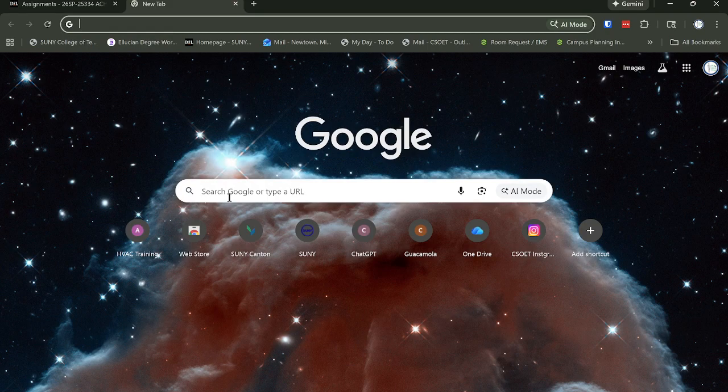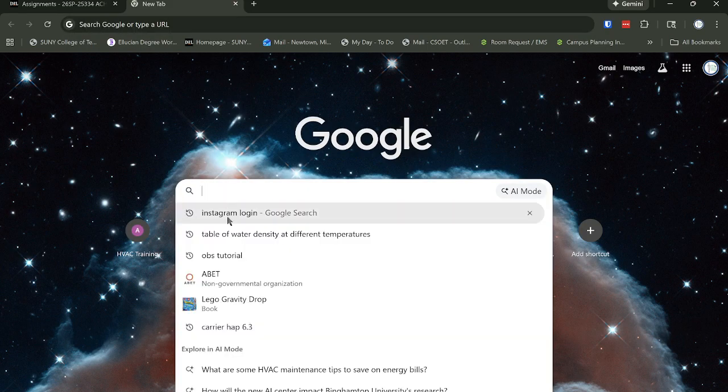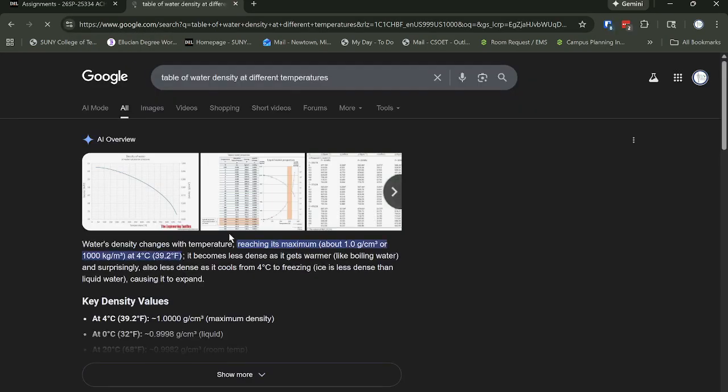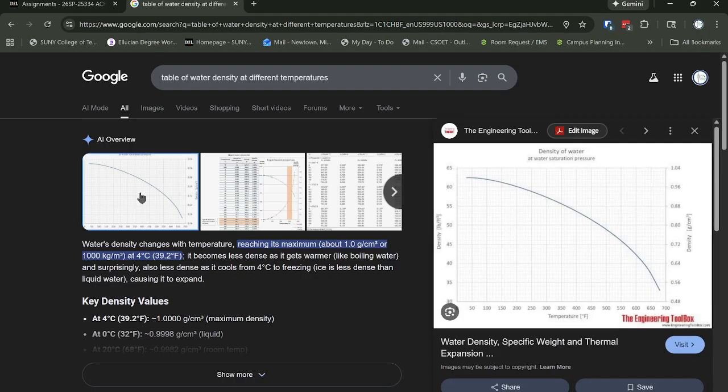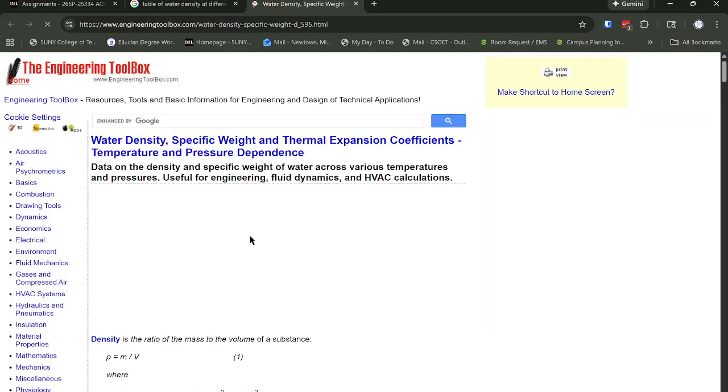Alright, I looked this up earlier today. Water temperature differential. I don't know if I've ever taken you guys out to Engineering Toolbox, have I?